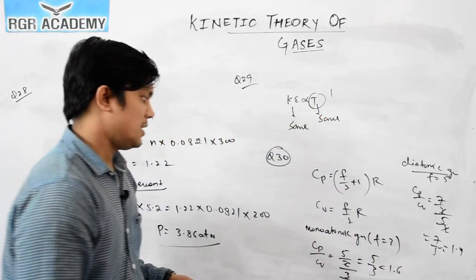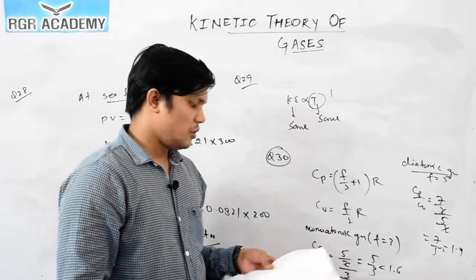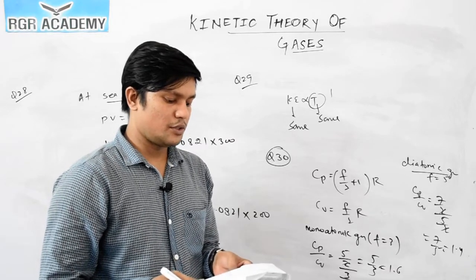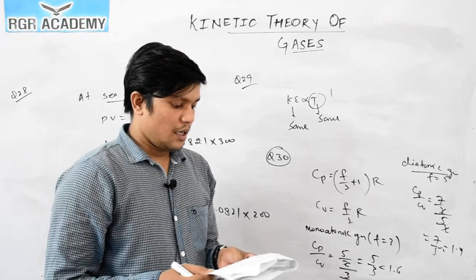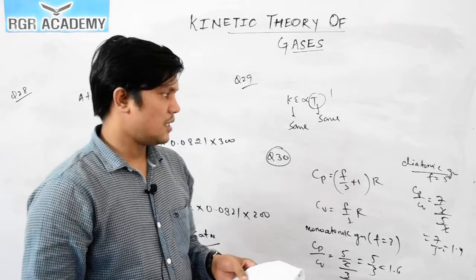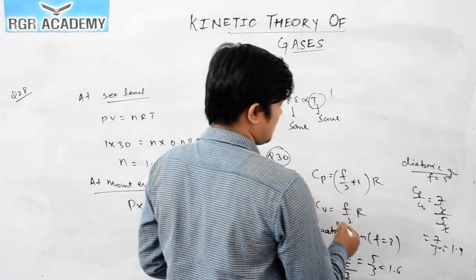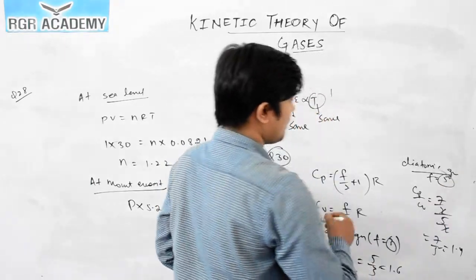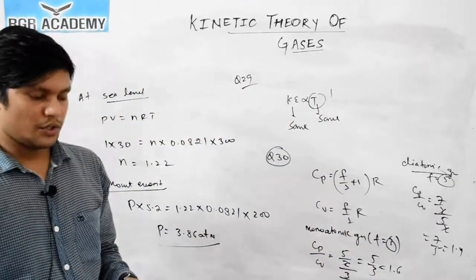So the first statement is wrong because the value for monatomic gas is more than for diatomic gas. Now the second statement, the molecules of monatomic gas have more degrees of freedom than diatomic gas. That is also wrong because for monatomic gas the degree of freedom is 3 and for diatomic gas it is 5. So both the statements are wrong for question number 30.